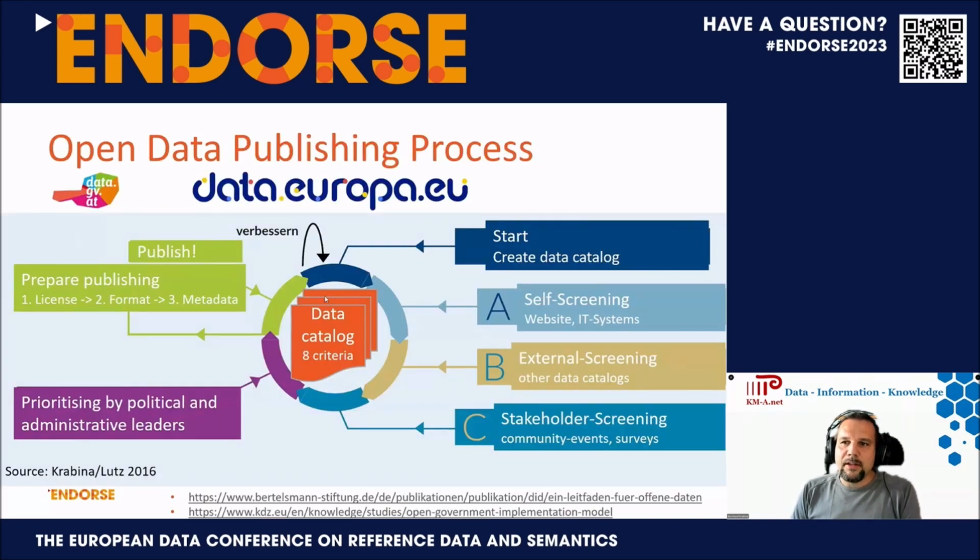The basic idea of this open data publishing process is you have to start somewhere, right? So you collect ideas for data that you're planning to publish from your organization. So you create a data catalog. How do you do that? Well, you look basically on the website. What do you have maybe in non-structured format, in PDF files? What IT systems do you have?